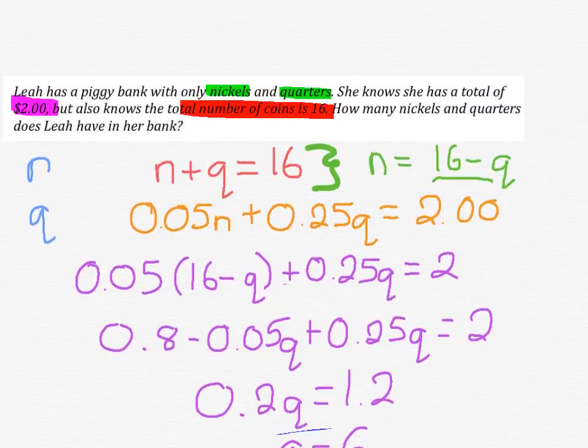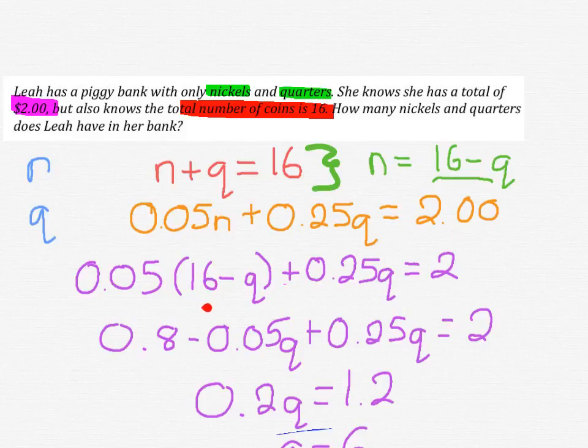Just to recap here, we started off with two different types of equations. We had one that totaled the number of coins, and we had one that totaled the worth, the amount of money we had. We only want one variable. Whether you isolate N or Q, it doesn't matter. I decided to make N equal to 16 minus Q, and then I plugged it in as N into my equation over here.